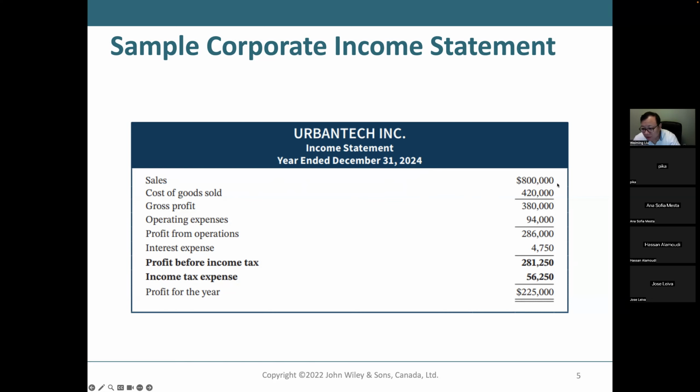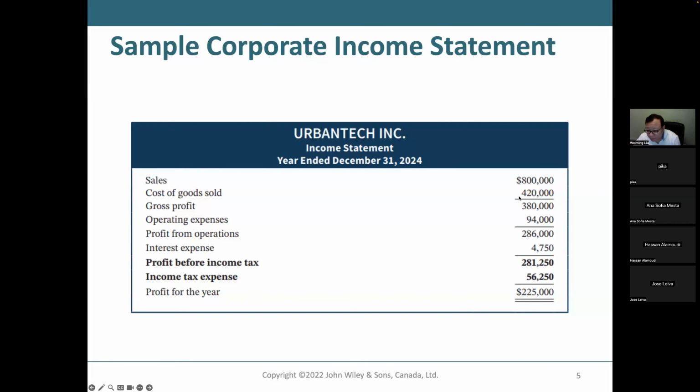Sales, 800,000 minus cost of goods sold, 420,000. So the difference is your gross profit, 380,000. Then you have the operating expenses, 94,000. And your profit from operations is 286,000.